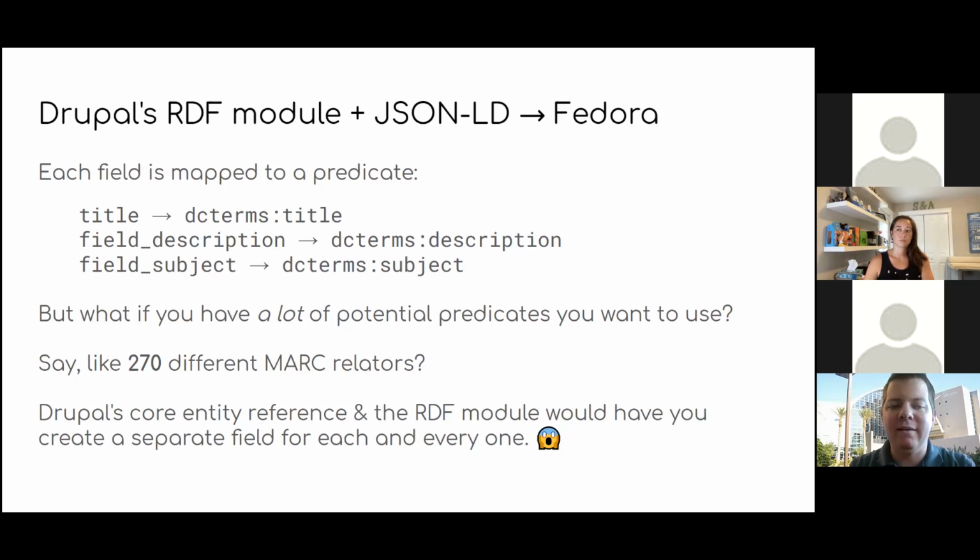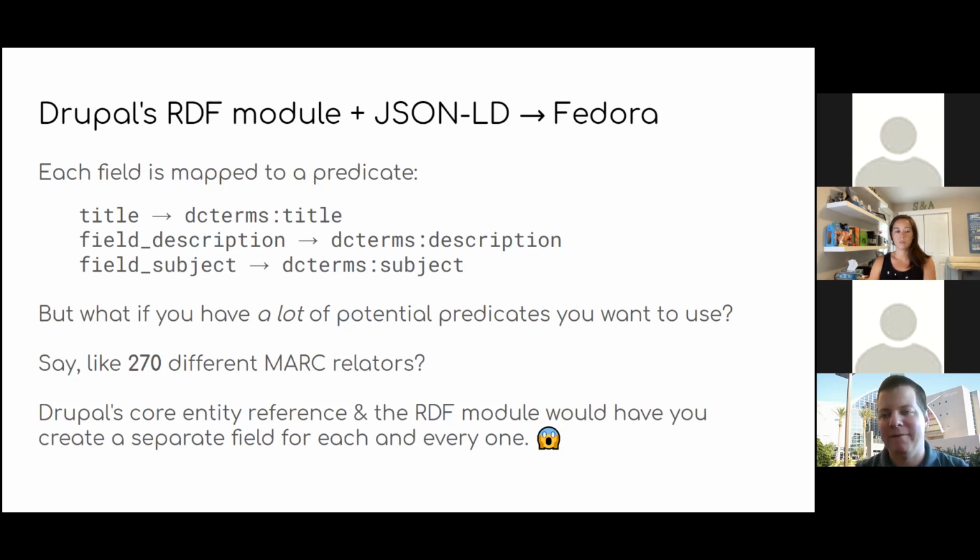But what if you have a lot of potential predicates that you want to use? Say like 270 different MARC relators. Because right now, how Drupal is set up with the entity reference and the RDF module, you would have to create a separate entity reference field for every single one of those relators that you wanted to use, if you wanted to use just core Drupal entity reference fields.